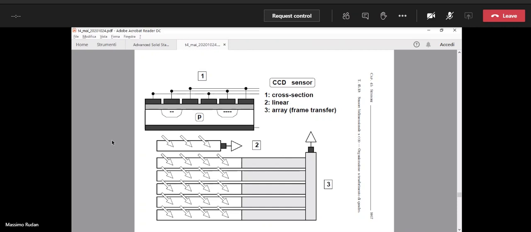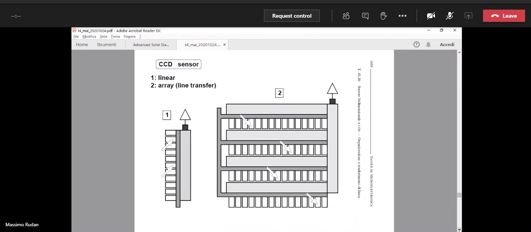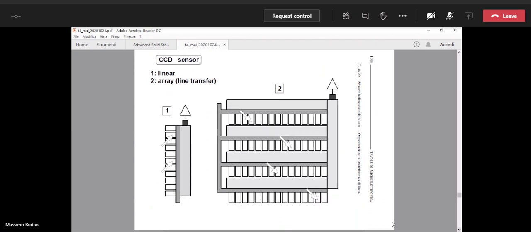So now we have to examine the other possible implementation of the 2-dimensional optical sensor. So we go to this figure. And again, we consider first the linear array indicated on the left by number 1.